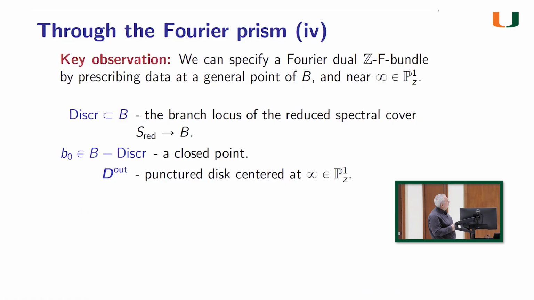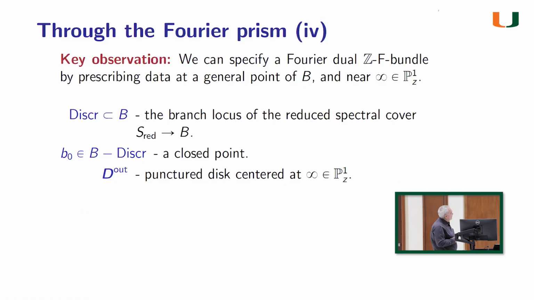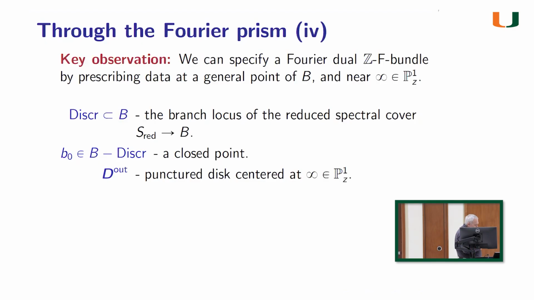Okay. Now, there are several things that you can do with this. One is that you can specify this Fourier dual F bundle by specifying data at a point, at the general point of B and near infinity on the projective line.